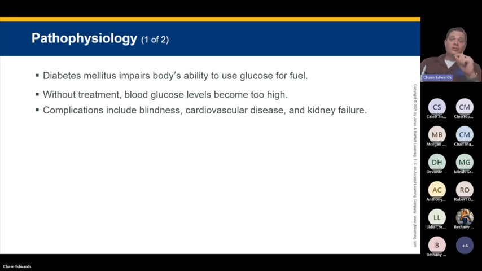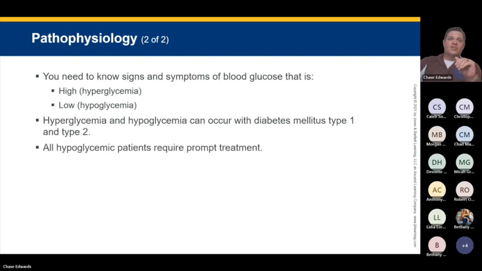Low blood glucose level, or what we call hypoglycemia, if it's unrecognized and untreated, it can be life-threatening. As some of you may already know, there are issues that come with that. You also have to be able to recognize the signs and symptoms of high blood glucose level, or hyperglycemia, which can result in coma or death also.